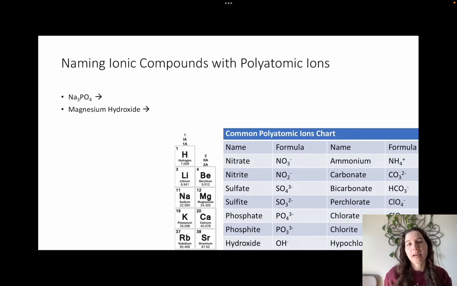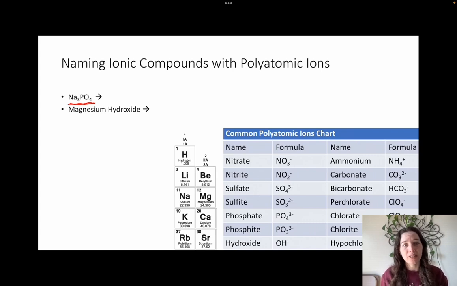So let's take a look at how to write chemicals with these polyatomic ions in them. Let's take a look at this one here. Students often get confused on this one because they see Na and they see the P and they assume that's just phosphorus. So they might think that this is sodium phosphorus or something like that.